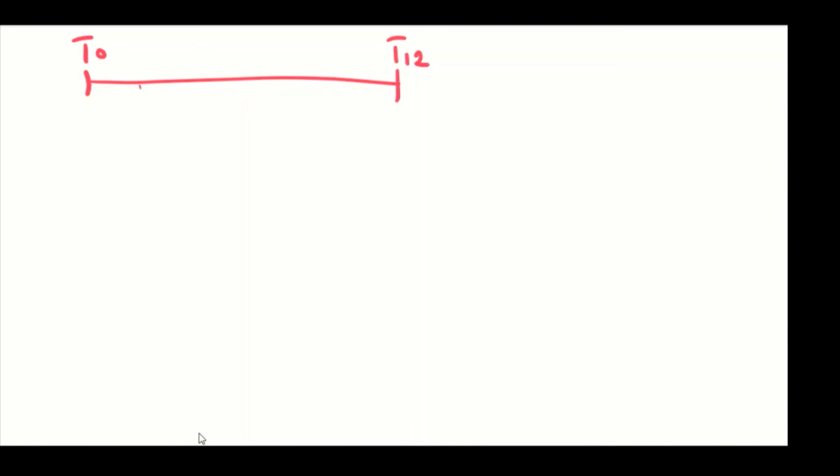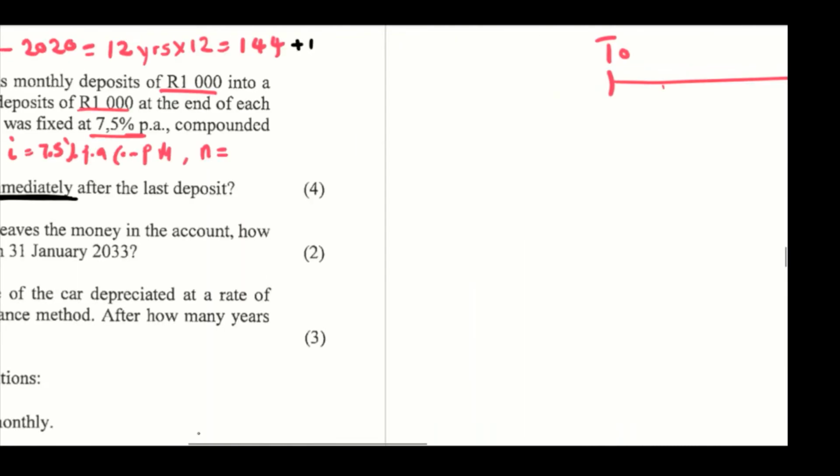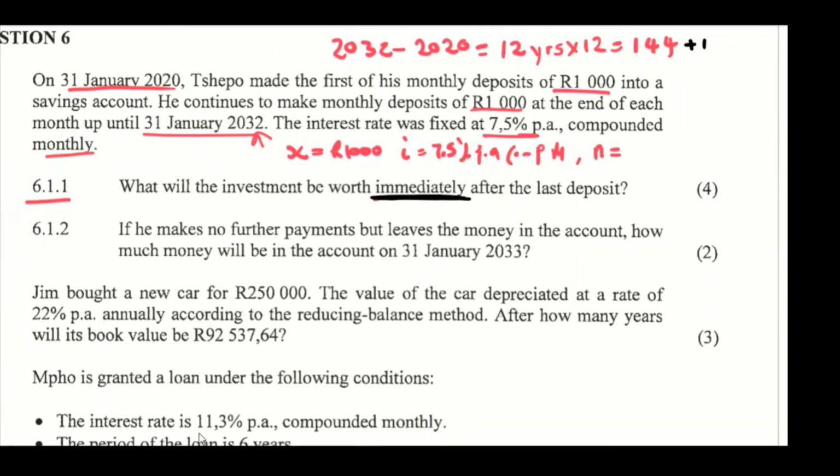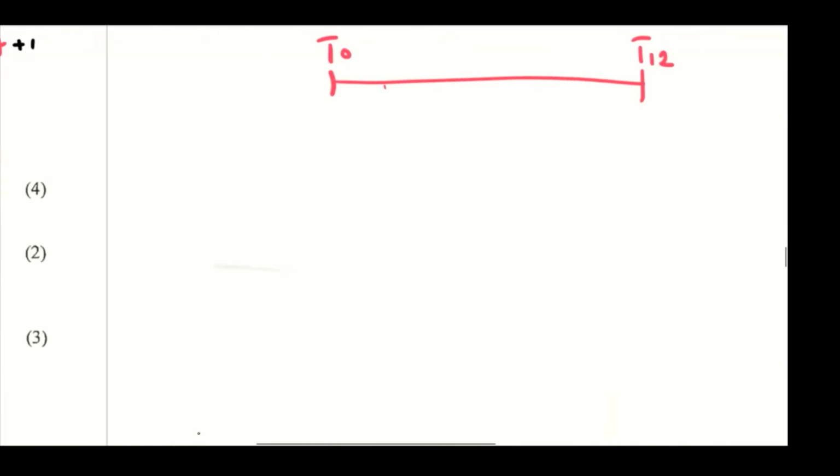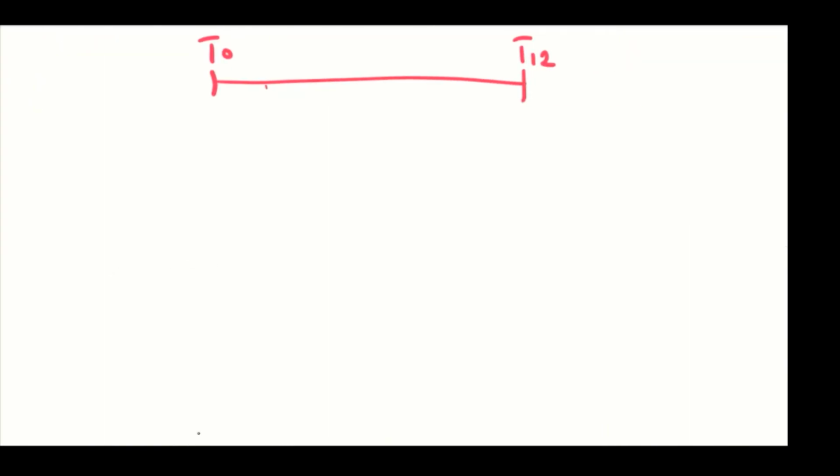And what we know is that payment will be made on the 31st of January 2020, that's the first payment. And then the last payment you made on the 31st of January, right? So hence I said you will have your T1 here all the way up to the 12th year, right?